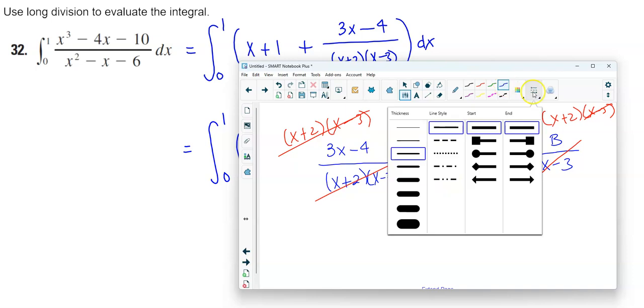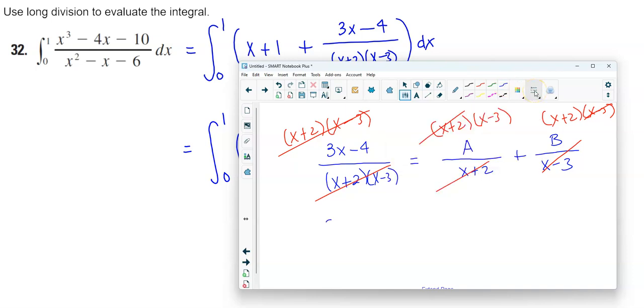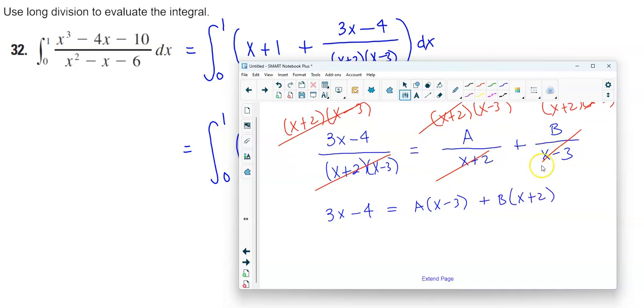Alright, so now let's go ahead and solve the system of equations. So we have 3x minus 4, which is equal to A times x minus 3 plus B times x plus 2. And then we're going to distribute both variables. So we have 3x minus 4 equals Ax minus 3A.